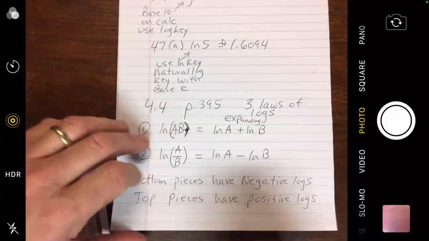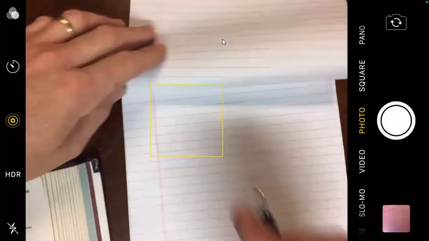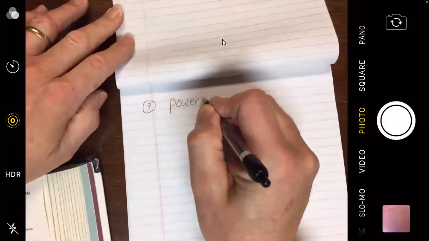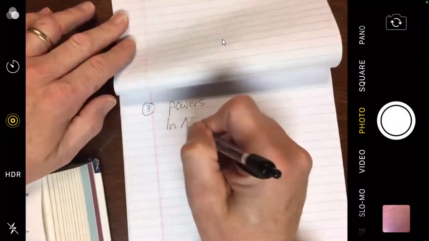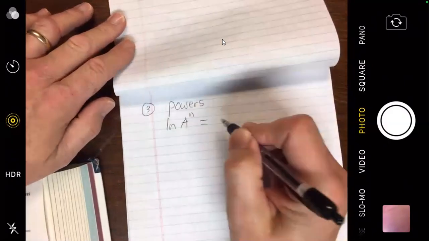Okay, powers, law number 3. An ln of an a to a power, you can put the power in front as a coefficient.